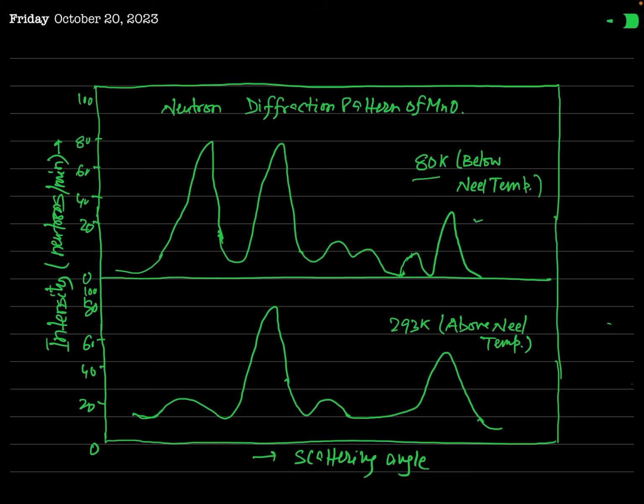Okay, but above the Néel temperature, we do not get two high peaks for a smaller scattering angle, and again for the large value of scattering angle, the peaks are very high. So this is just an experimental observation.